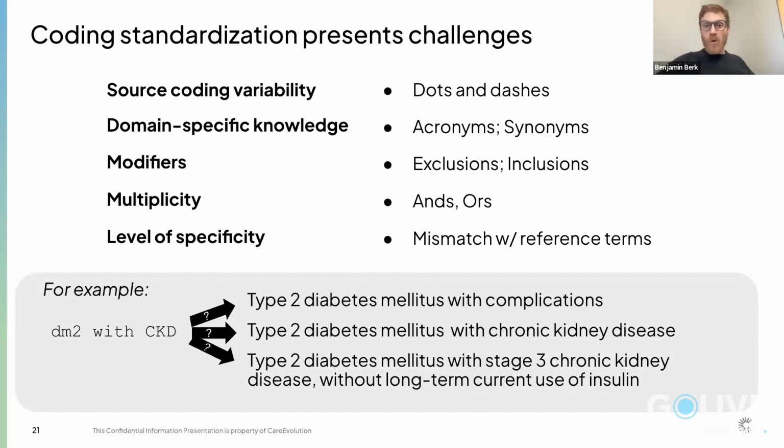Or maybe we can get even more specific, although we don't have the data here to support it: stage 3 chronic kidney disease, and they're on insulin. So we need to be careful when we're taking this source term and deciding which reference term to map to, that we're not over or under specifying based on the data we have.